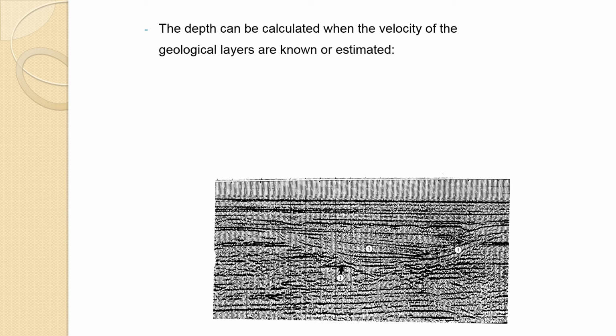Then you have to use different kinds of velocities, like interval velocity, average velocity, and so on. Let's see the simple model here: 0, 0.1, 0.2. These are the seconds for receiving the signal from the interfaces.